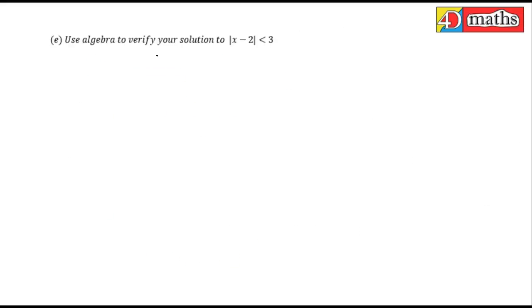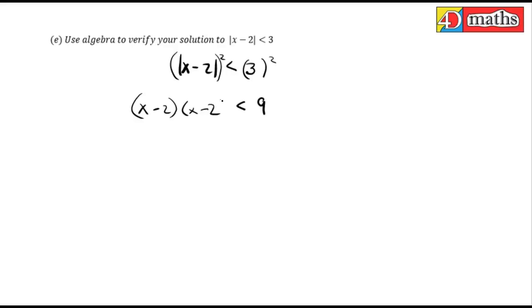Now I'm going to use algebra to verify my solution. So what I have is |x - 2| less than 3. In order to work this out, I want to make sure this is positive, so I'm going to square both sides. This becomes 9, and I'm going to square this out, so this is (x - 2)(x - 2). By doing this, I ensure that this answer is going to be positive.